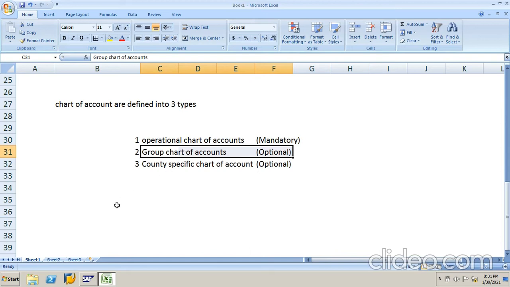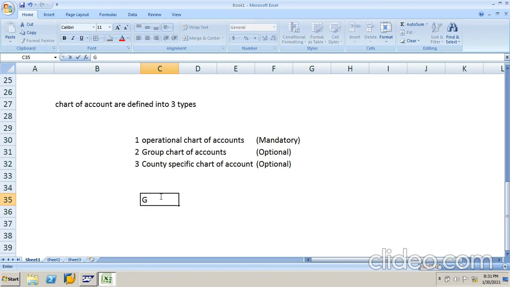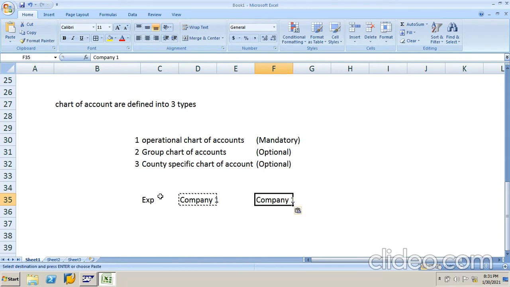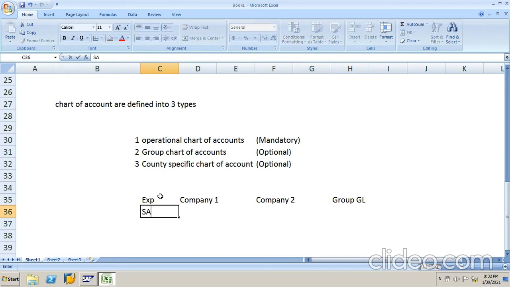So I will give one small example for the group chart of accounts. Suppose here one expense is there.